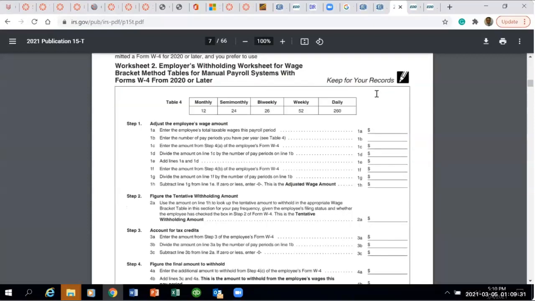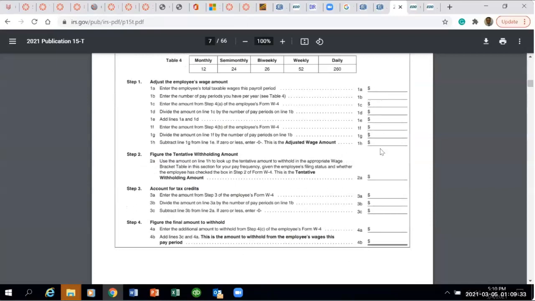And again, there are no adjustments here. So we're going to go to step 2. Adjustments here are related to step 4A and B. Step 4C, additional withholding, is always at the end of the worksheet. But step 4A and B are where you add or deduct from your paycheck.